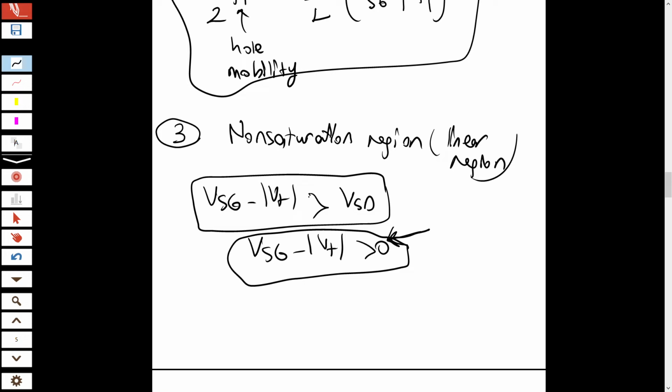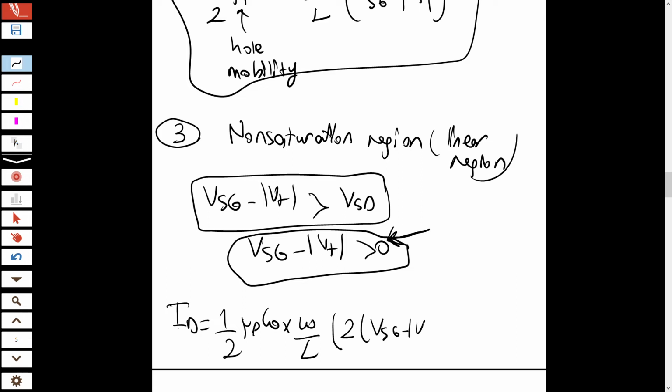Non-saturation region drain current formula is 1 over 2 μp Cox W over L times 2 times (V source G minus absolute value of V threshold) times V source drain minus V source drain squared.